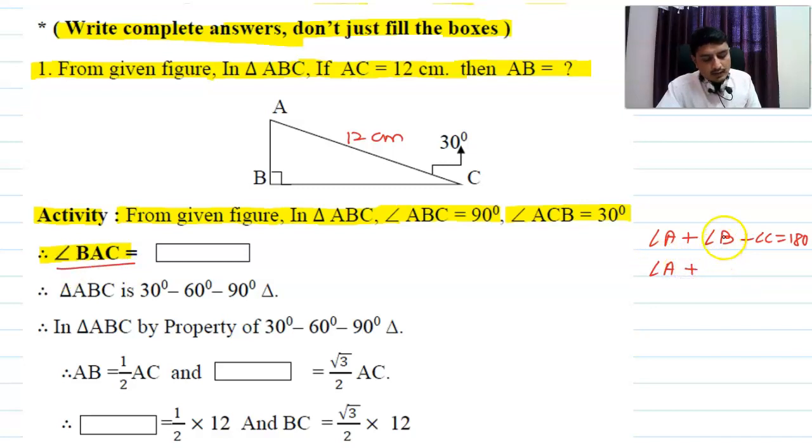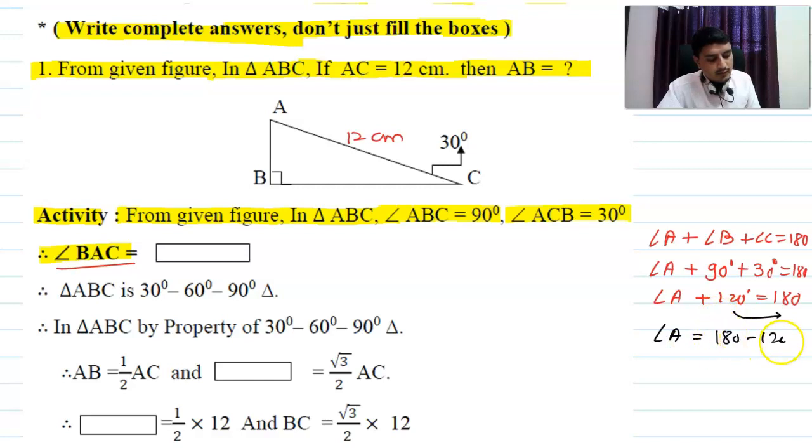So plus we have angle B equals 90 degree and angle C equals 30 degree, and that equals 180 degree. 90 plus 30 we are getting 120, 120 equals 180. Now shift that 120 from LHS to RHS to find the value of angle A. So 180 minus 120, we are getting the measure of angle BAC. That means angle A measures 60 degree.